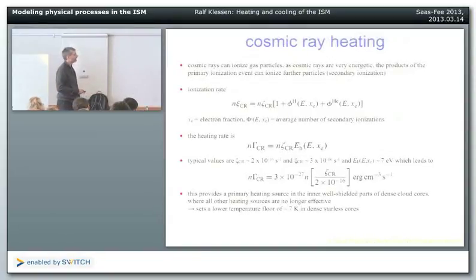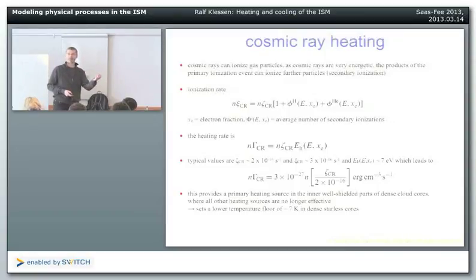There's also cosmic ray heating. And by cosmic ray heating, you need to distinguish between primary ionization and secondary ionization. So a cosmic ray hits something, releases an electron. The electron typically has very large speeds, and it can ionize again if it collides again. So this is why the ionization rate typically is larger than unity.